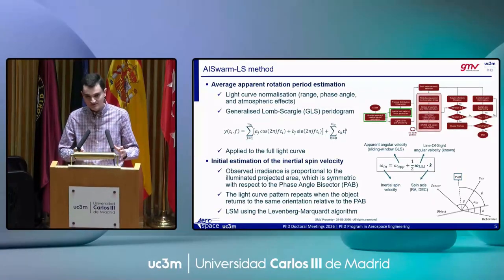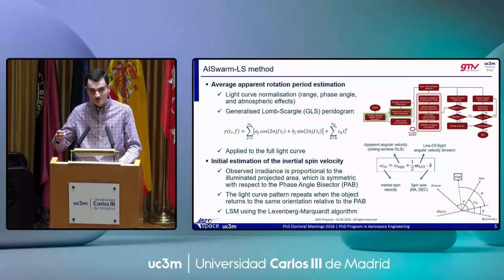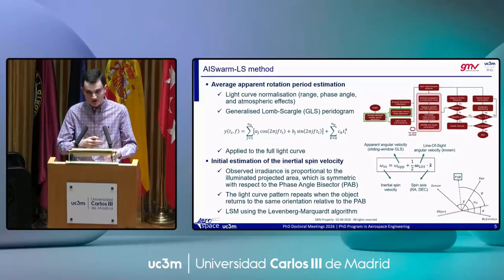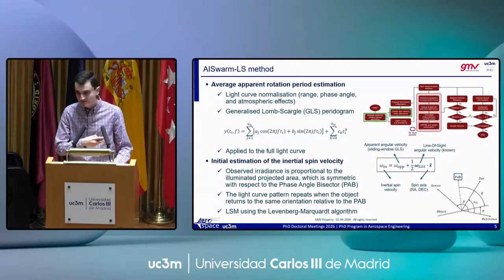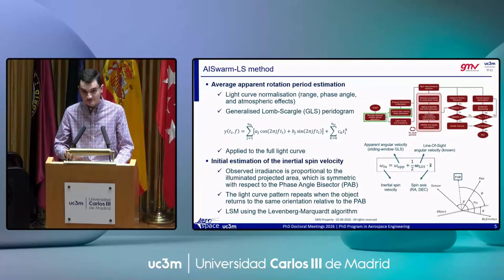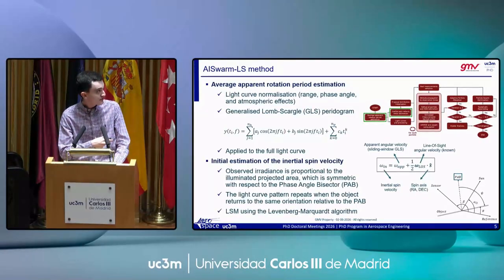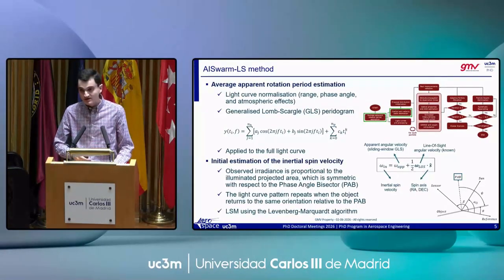Taking into account that the light curve pattern repeats approximately each time the object recovers the same orientation with respect to the phase angle bisector, we can derive an equation that relates the apparent angular velocity with the inertial angular velocity. And we can estimate the inertial spin velocity parameters, the spin axis and the modulus, applying a least squares method.